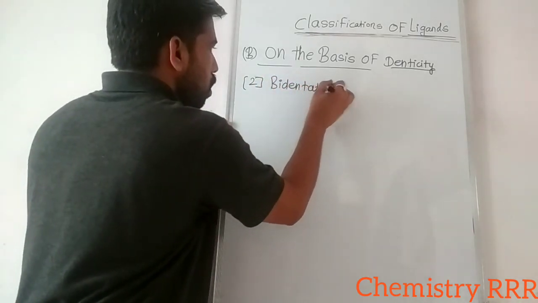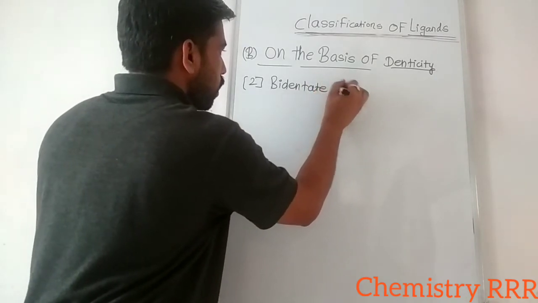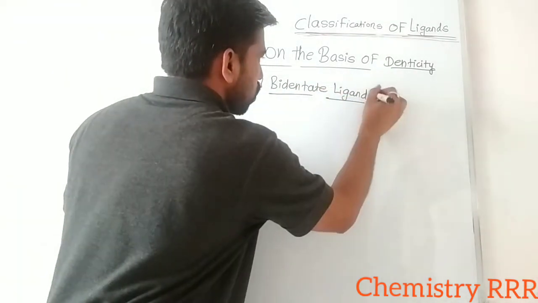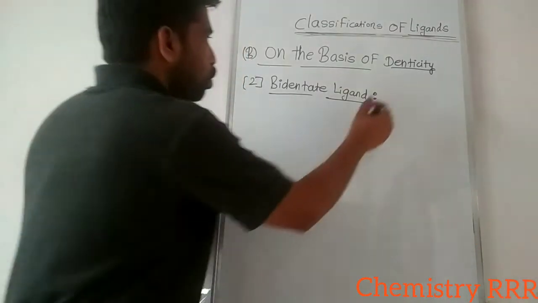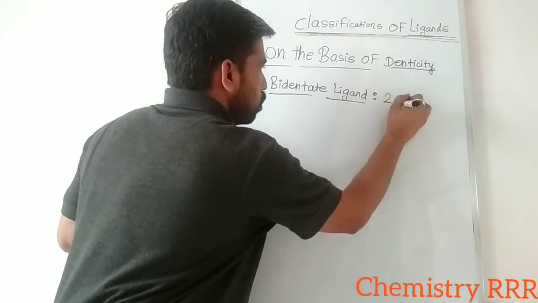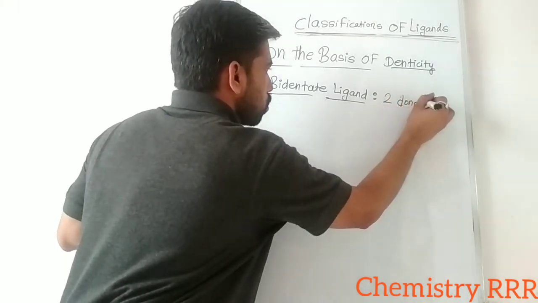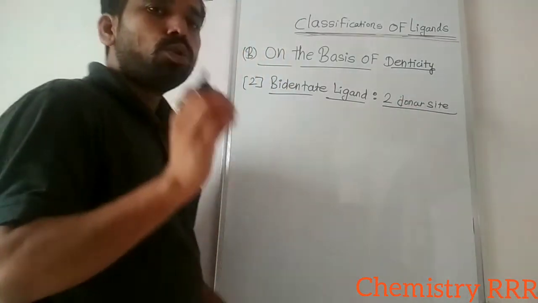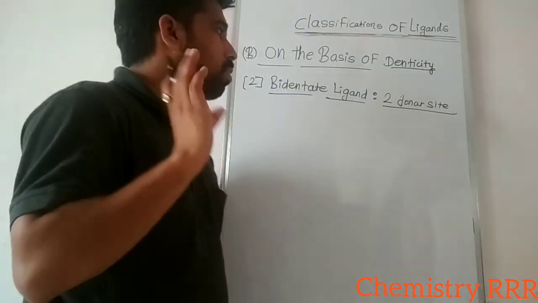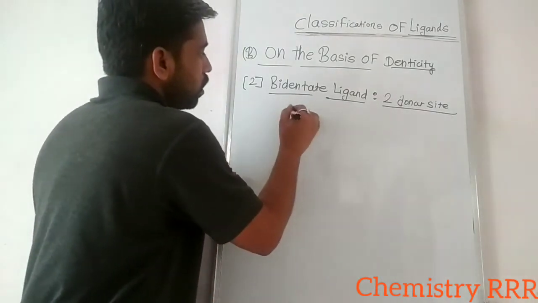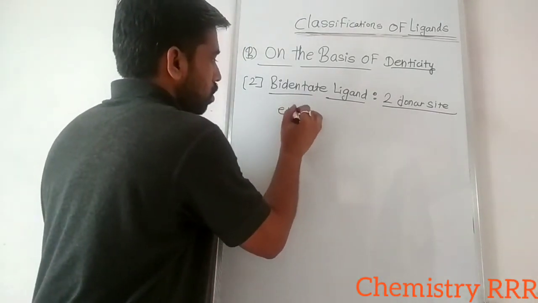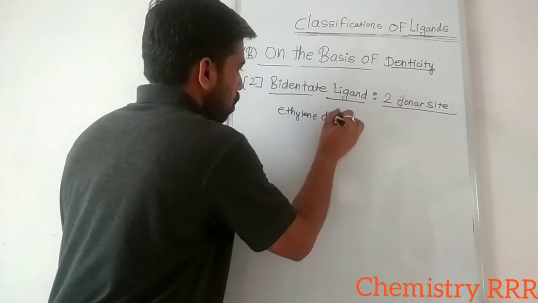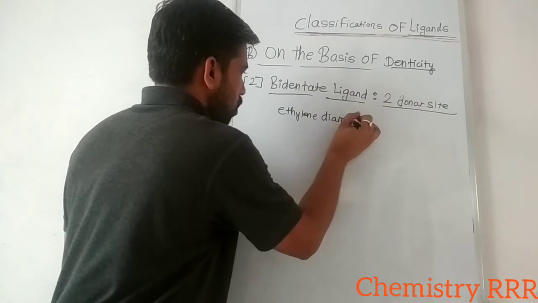The bidentate ligand has two donor sites, or two donor atoms present on the ligand. For example, ethylene diamine.